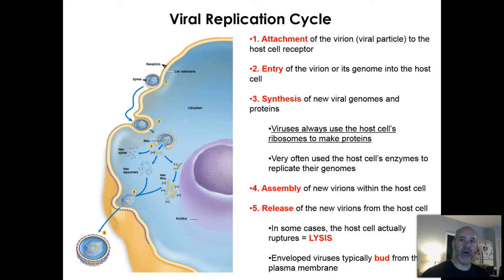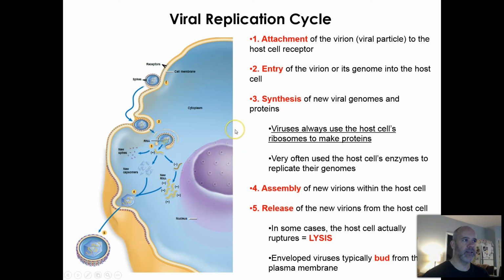But a virus can't do that on its own. It actually has to go inside a host cell, and it will essentially hijack the host cell. The host cell's machinery will read those genetic blueprints and go through the process of making new viruses.